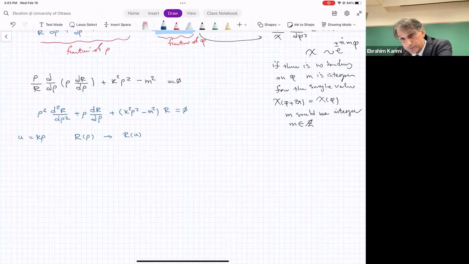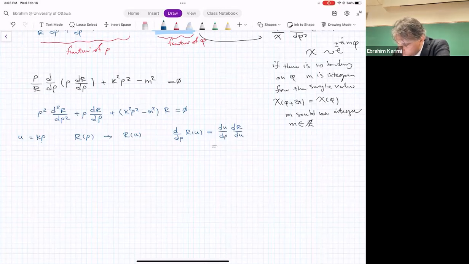All right. So what happens with that? If you have R as a function of u, then you deal with the derivative with respect to rho of R of u. Then you have to do the chain rule: the derivative of R with respect to u and the derivative of u with respect to rho.